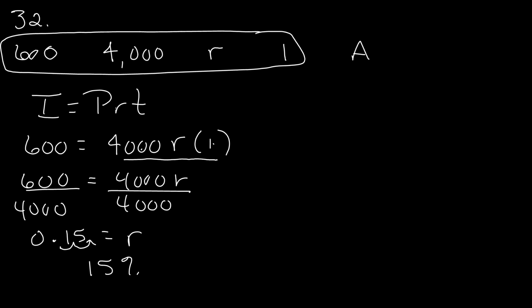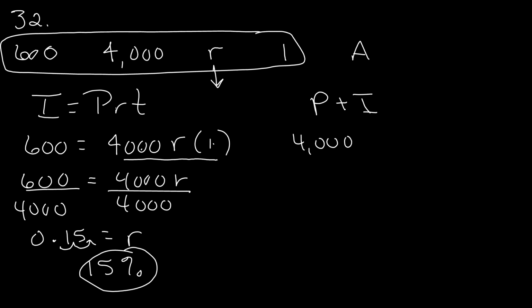And my answer for the rate would be 15%. So that's what will go here. For my future value, remember that I take the interest and I add the principal. I have those 2 pieces, so I have the principal and I have the interest. So my future value is this amount. So that's what it's asking on those problems.